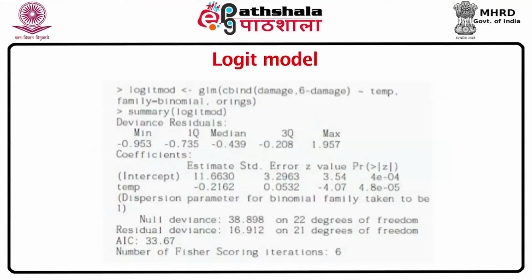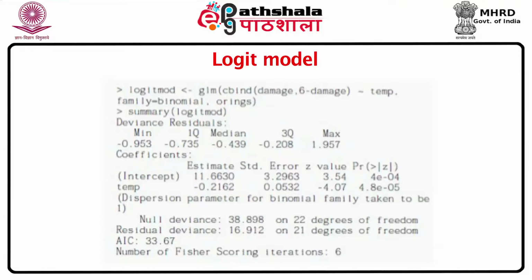So let me try and fit these new techniques to my O-rings dataset. To do this, I call a function called glm, which is very similar to my lm function. Now, as you can see from this piece of code, my outcome here is a matrix with two columns, where the first column is damage and the second is 6 minus damage.